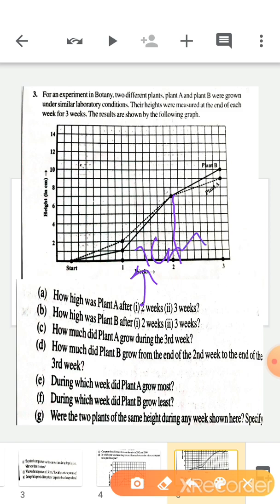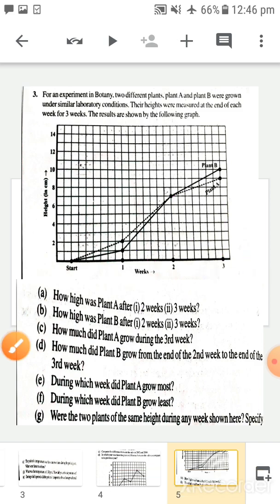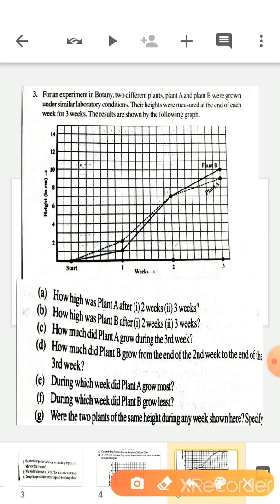After 3 weeks, how high is it? 3 weeks here, it means 9 centimeter. Then the next part is, how high was plant B after 2 weeks? After 2 weeks, plant A and plant B both are at the same point, so the answer will be 7 centimeter. And after 3 weeks, plant B will be at 10 centimeter.